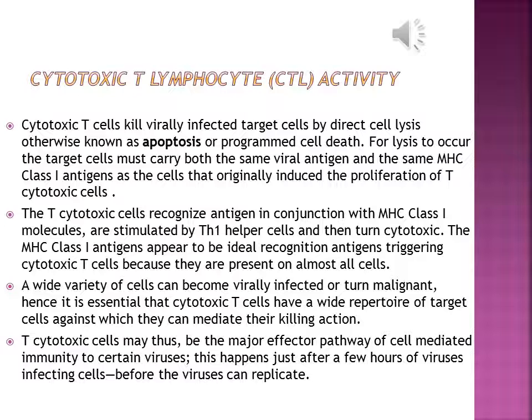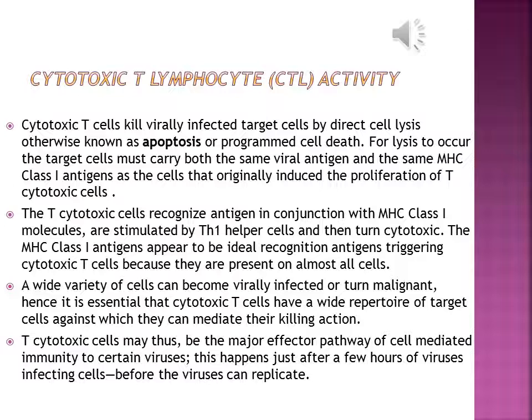The MHC class I antigens appear to be ideal recognition antigens triggering cytotoxic T cells because they are present on almost all cells. A wide variety of cells can become virally infected or turn malignant.